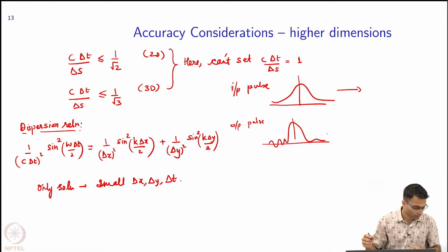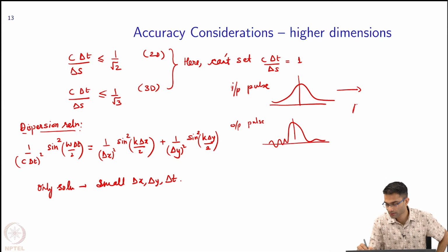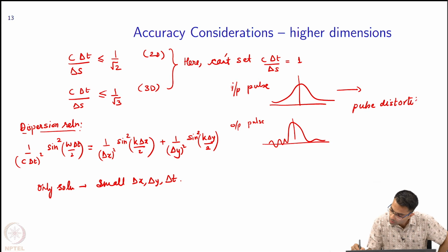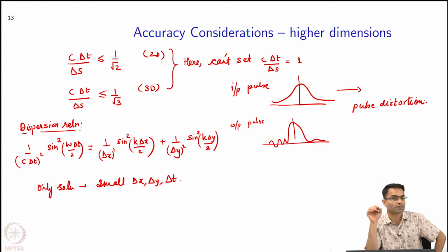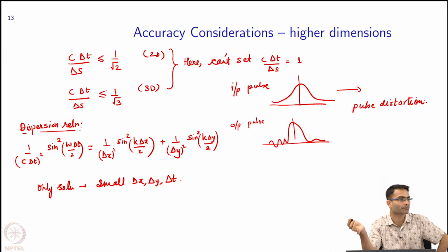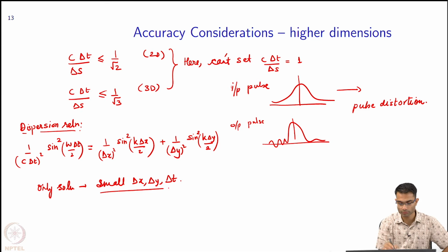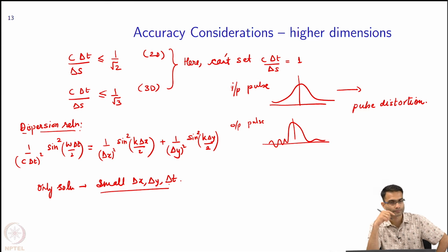This is called pulse distortion. It will happen in an optical fiber because glass is a dispersive medium, every frequency travels at a different speed. That happens physically anyway, but if I were simulating free space, this should not happen, yet it will happen in FDTD. Again the way to beat it is only one, small delta t and delta x.